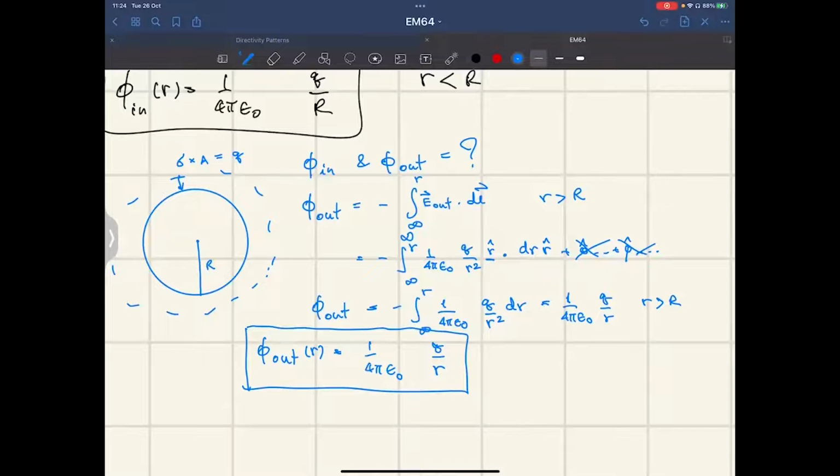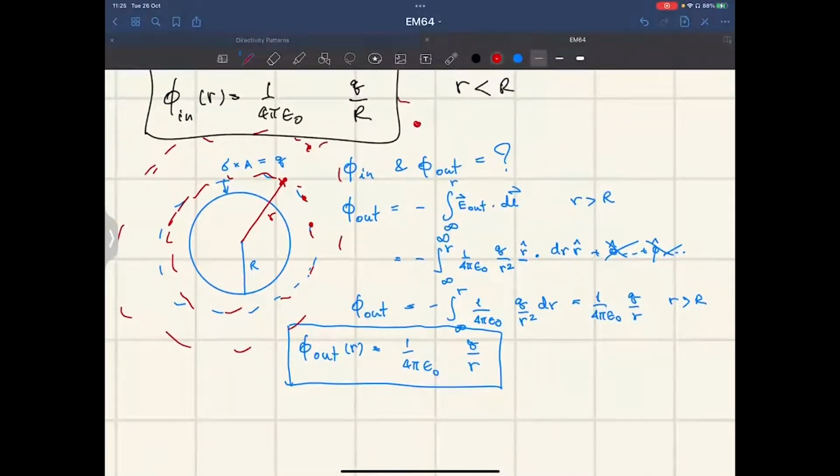Can you draw the small r in the picture? It's the radius of your Gaussian surface. If you want to find the field here, you draw a Gaussian surface like this.